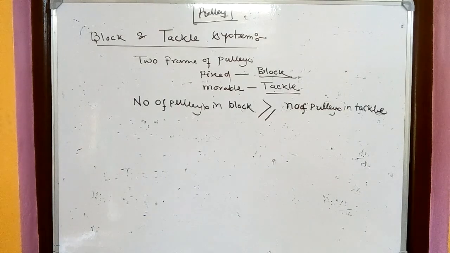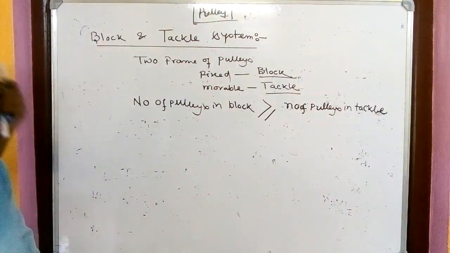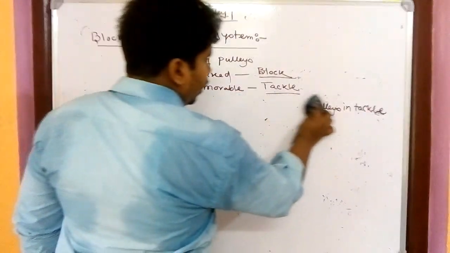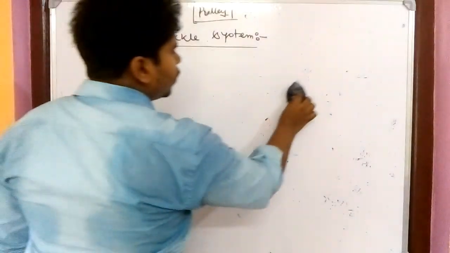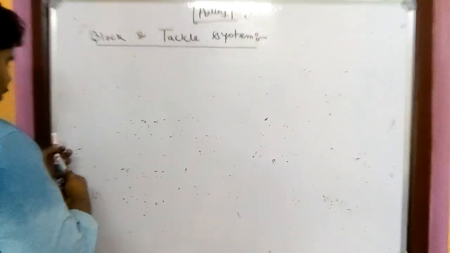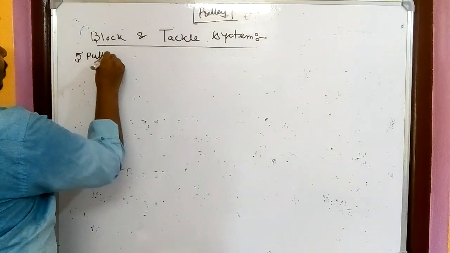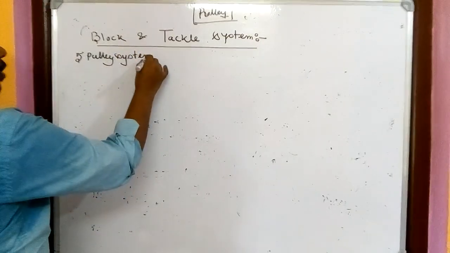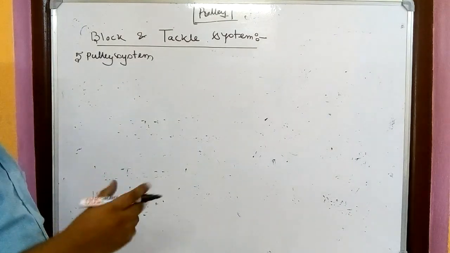Now see the arrangement, how block and tackle system is arranged and how it can be used. Okay, let's see. In the first part we take a 5 pulley system in a block and tackle system. Now the question has come: 5 pulley system means it will be distributed in block and tackle, the 2 frames.